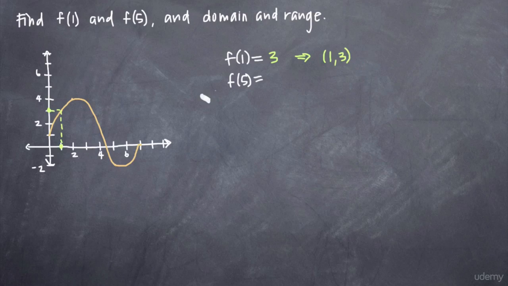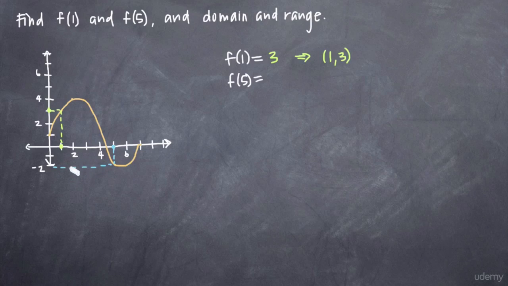So same thing here with f of 5. We find the point along the x-axis where x is equal to 5, and we go down in this case to meet our function. So we come down here to meet our function, and if we come back over to the y-axis, we see that we'll run into approximately -2.